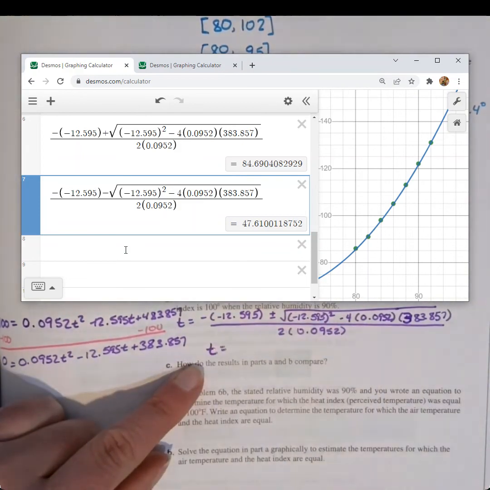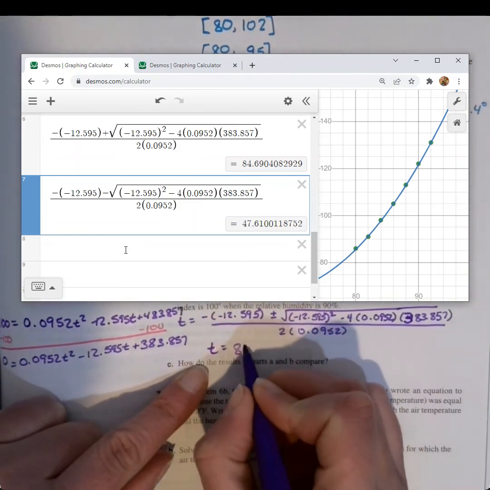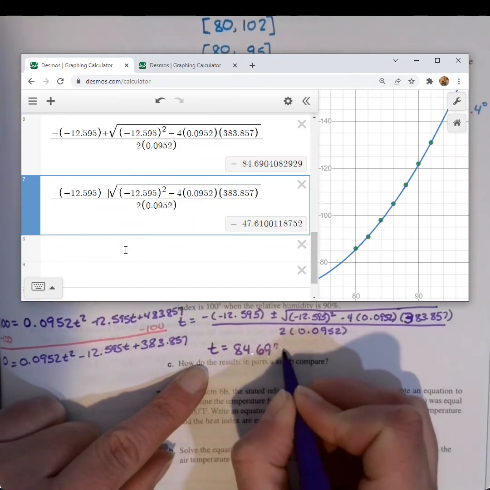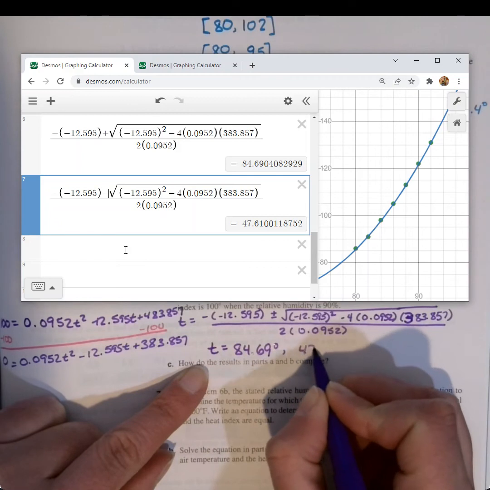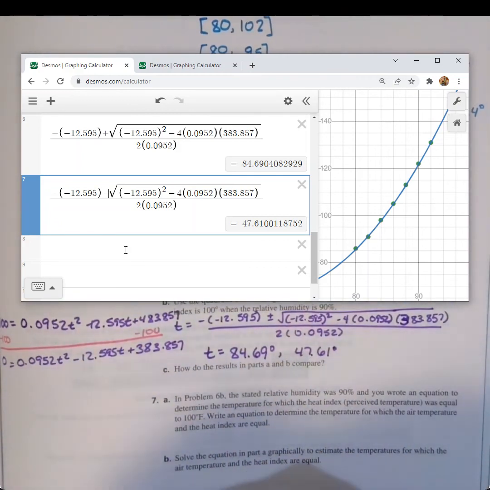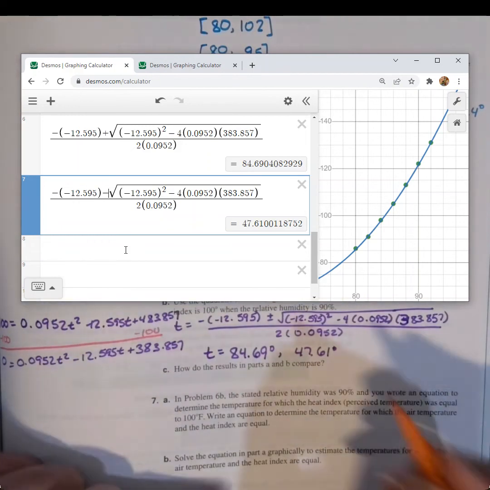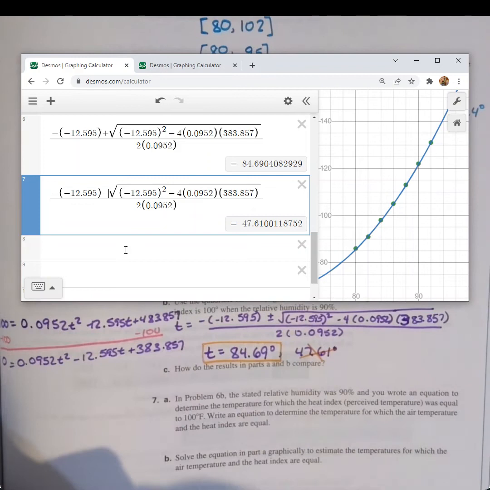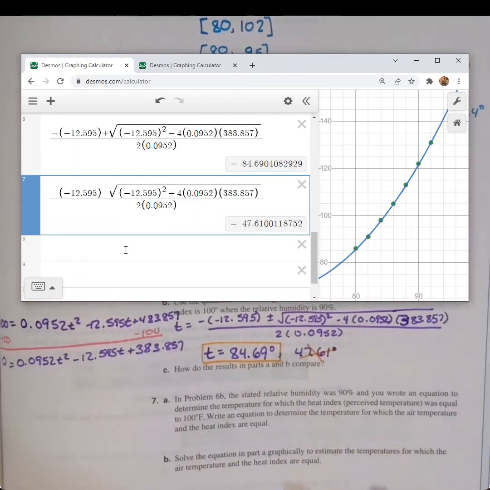From the addition, I got the prediction of 84.69 degrees and 47.61 degrees. But of course, that second value is outside the practical domain, and so we're going to focus on that first value. If it's 47 degrees, it does not feel like 100 degrees. So maybe if it's 84.69 degrees, it might feel like it's 100 degrees.